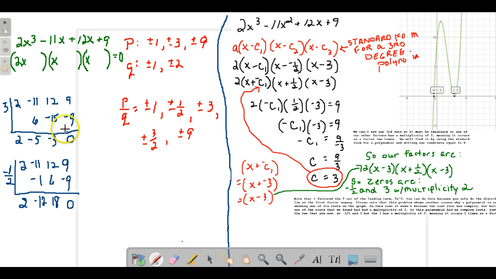So a lot of times when you mix and match strategies, you do get confused. But you are going to be expected to know when to use what strategy depending on the problem.